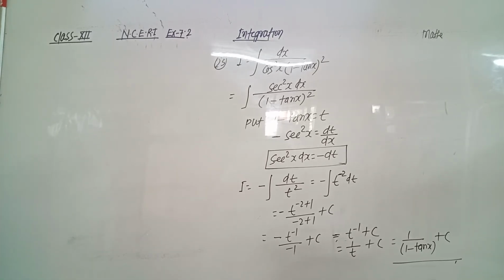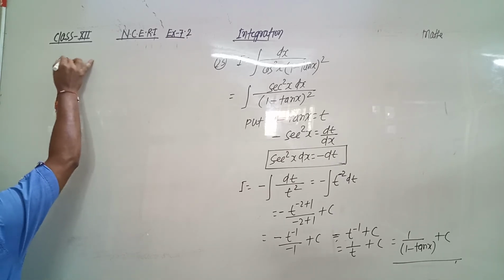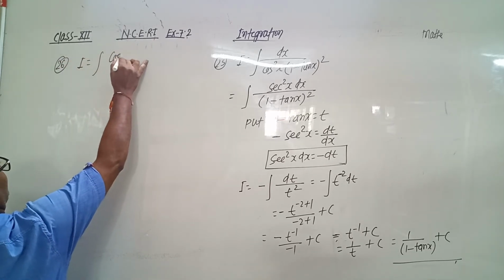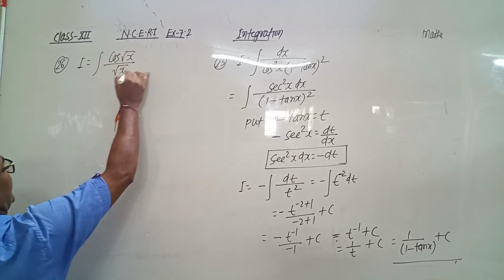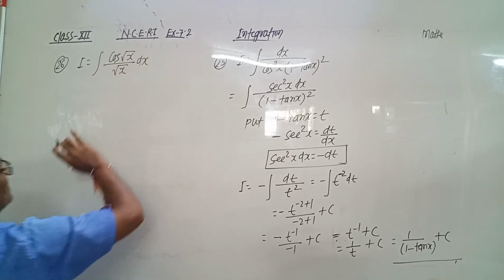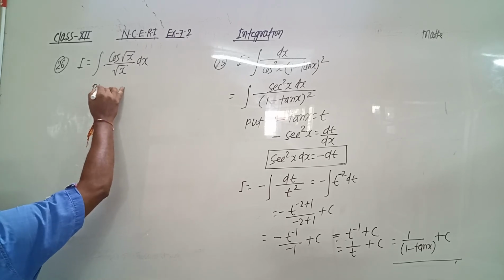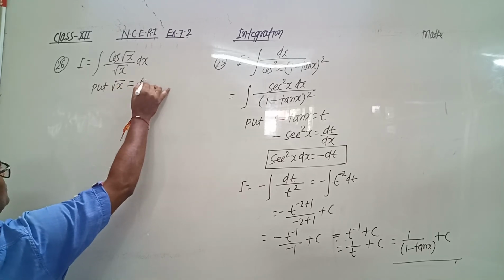Question number 26. Integration of cos root x upon root x dx. So we put root x equals t.